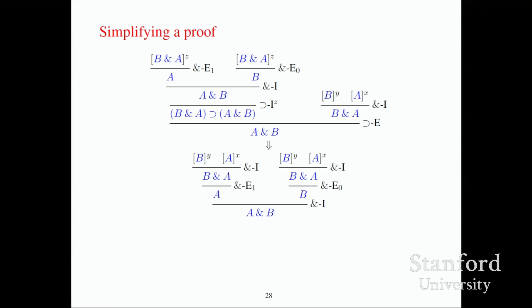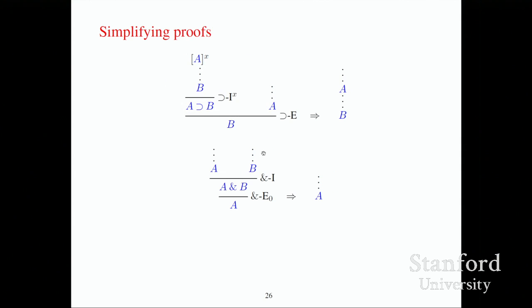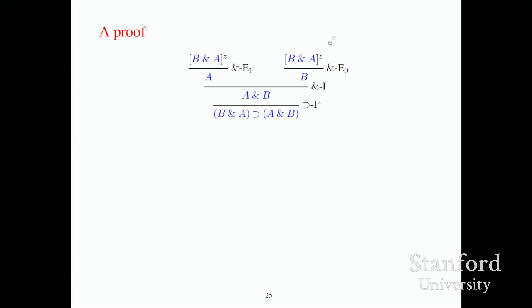So how did we simplify it? Well, we did two things. One is if we had an implies introduction followed by an implies elimination, then the implies introduction assumes A, the elimination gives us a proof of A, so just replace that assumption by the proof. Notice that the assumption occurred twice, so we copied the proof twice.